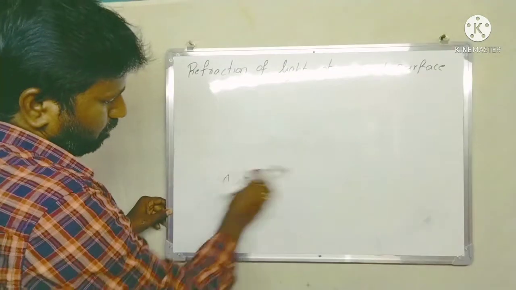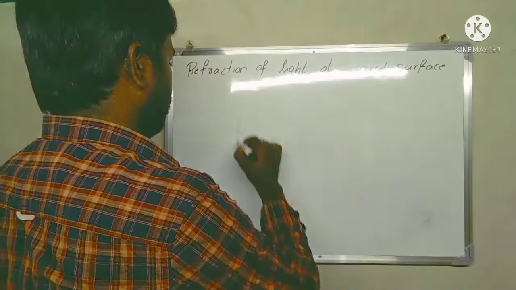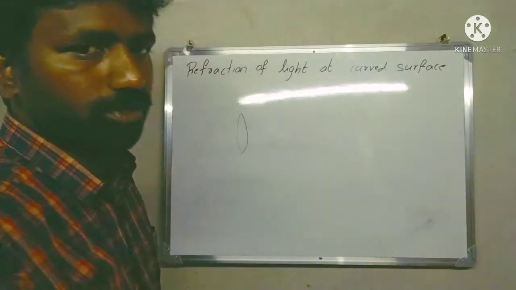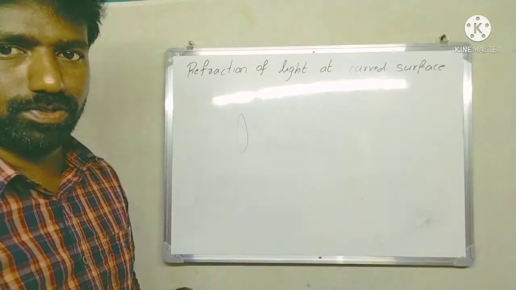First of all, take a convex lens. This convex lens has two curved surfaces.